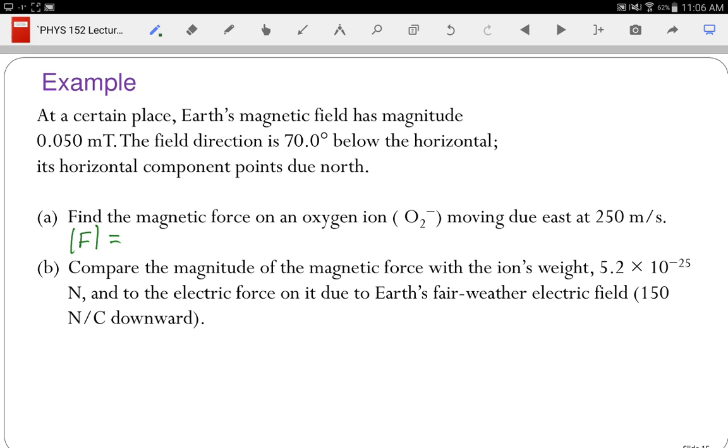What's the magnitude of the force going to be? Well, for the magnitude, we just do q v B sine of the angle between the two. So I need to know what that angle was. Remember, the first step was if it's 0, do that right away. But it's not a 0 situation. So the second step is to find what that angle is. What's the angle between east and 70 degrees below north?